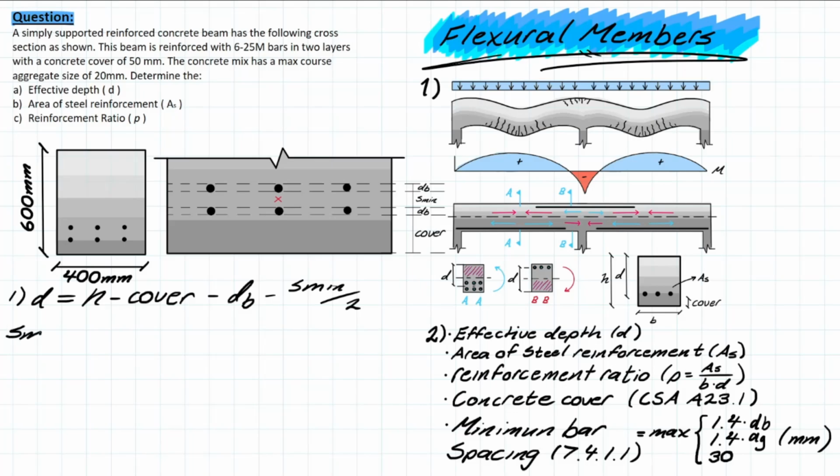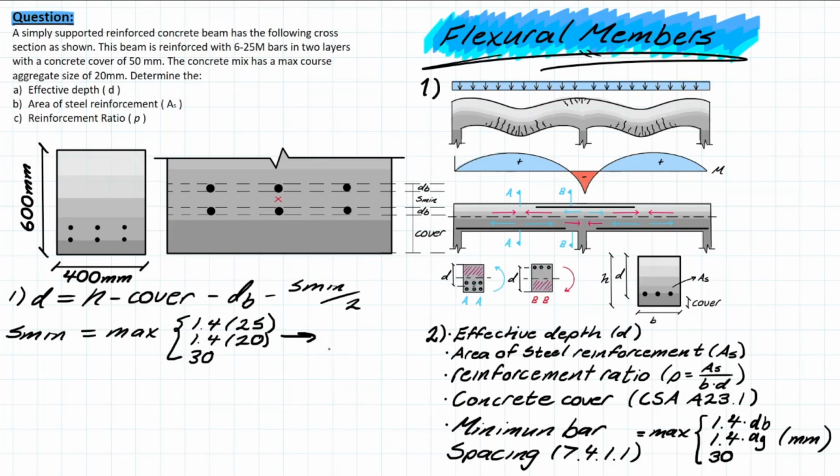Now s min needs to be solved for first. So we have that s min will equal the maximum of these three different variables on the right side. We have 1.4 times the diameter of the bar, and a 25M is 25 mm. 1.4 times the max aggregate size, we know that's 20 given in the problem, and we have 30 as the base.